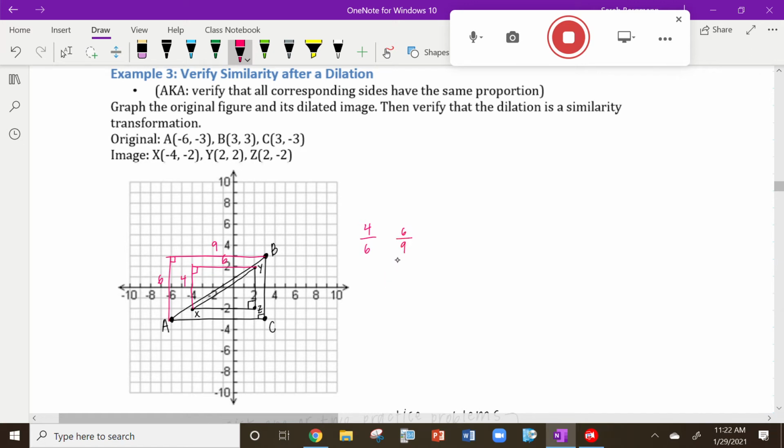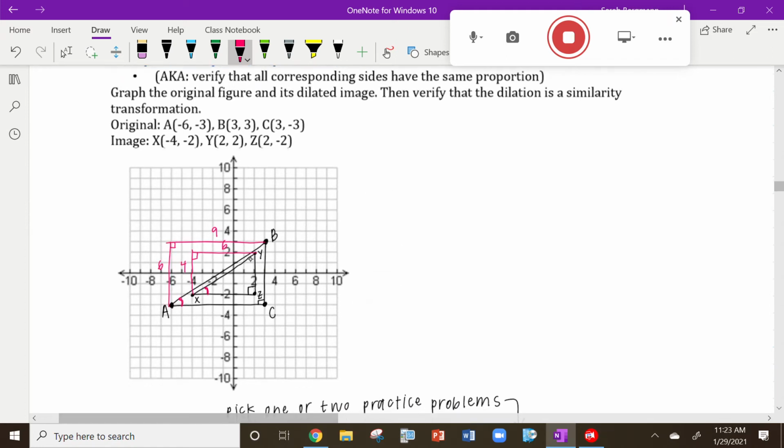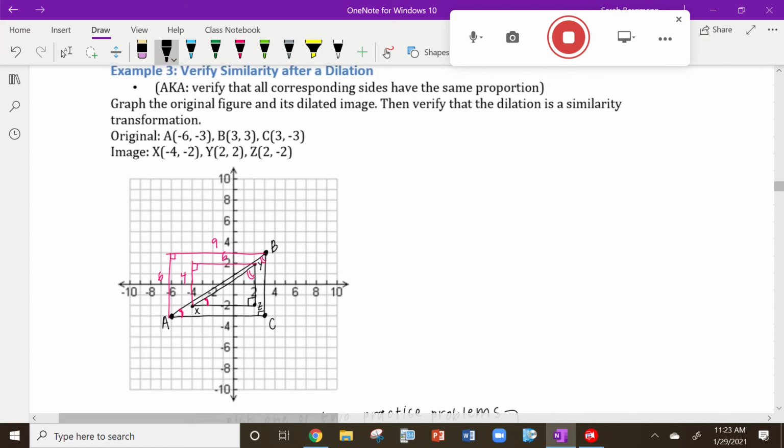Those both reduce to 2/3. So both XY and AB have a slope of 2/3. So I know that when it meets a horizontal, that's going to be the same angle. Similarly, when it meets a vertical line, these two, angle Y and angle B, are going to be the same angle. Okay, I also should verify that the sides are in proportion.